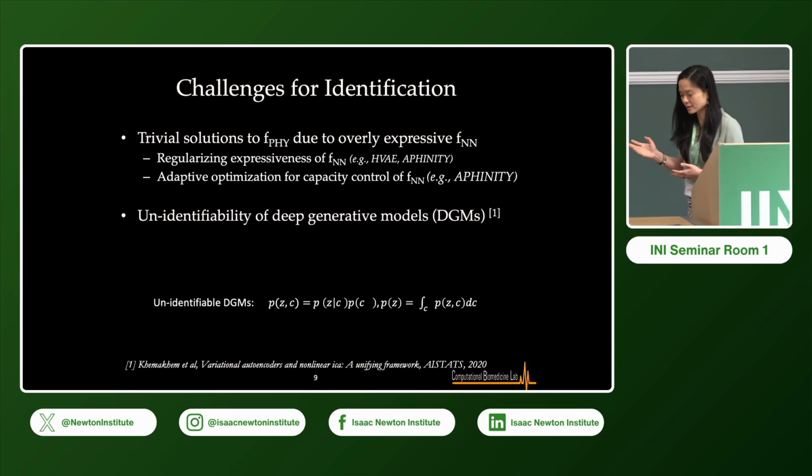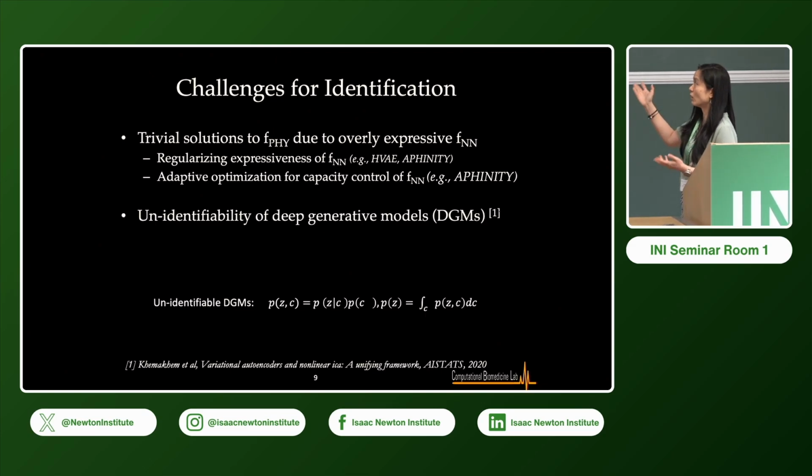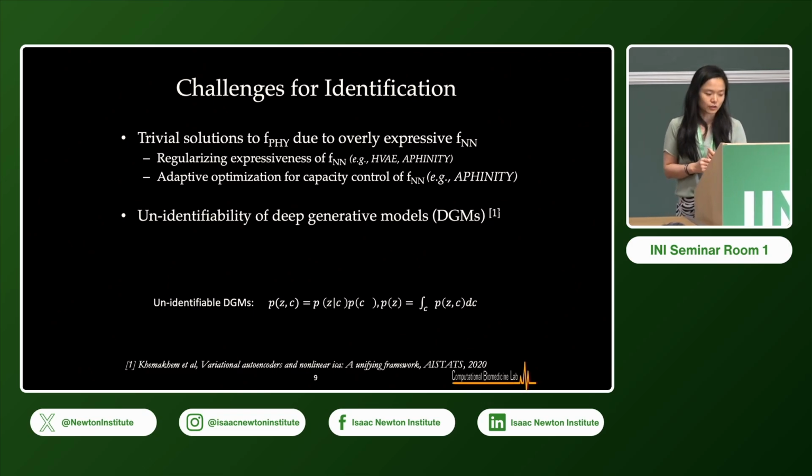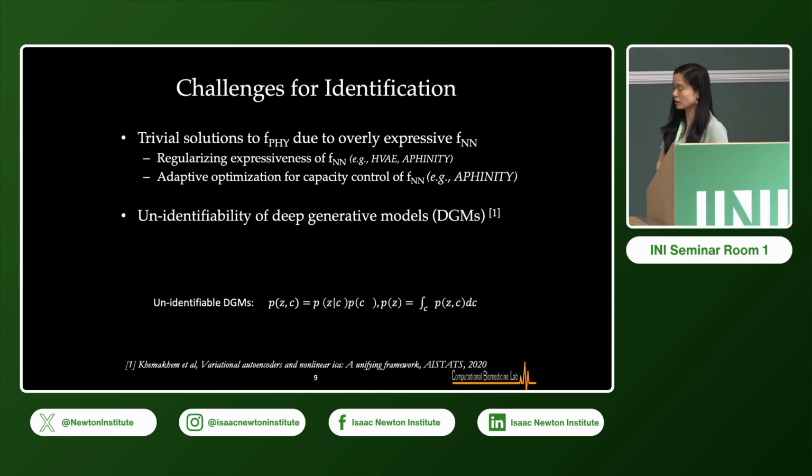That's what is known as unidentifiability of deep generative models. So what does that mean? Let's just think about a variational autoencoder, because it was mentioned a lot yesterday. This is how we describe our data. Let's say this is what we are observing, and this C is the latent variable.